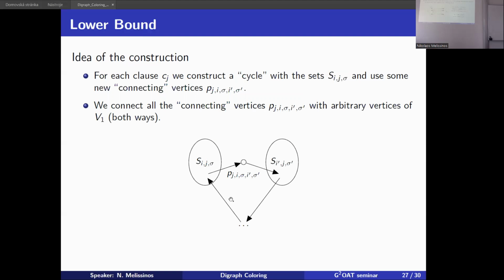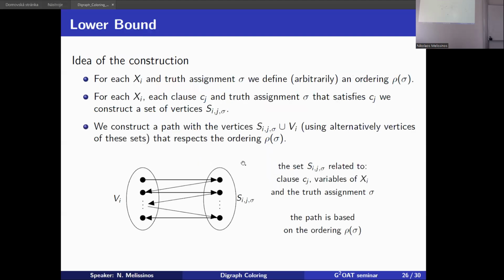Okay, so one of those sets is wholly black. Now we need to use this set in order to give the satisfying assignment for the literals, for the variables. So we just need to use the ordering we have selected and relate it to the assignment we have set.